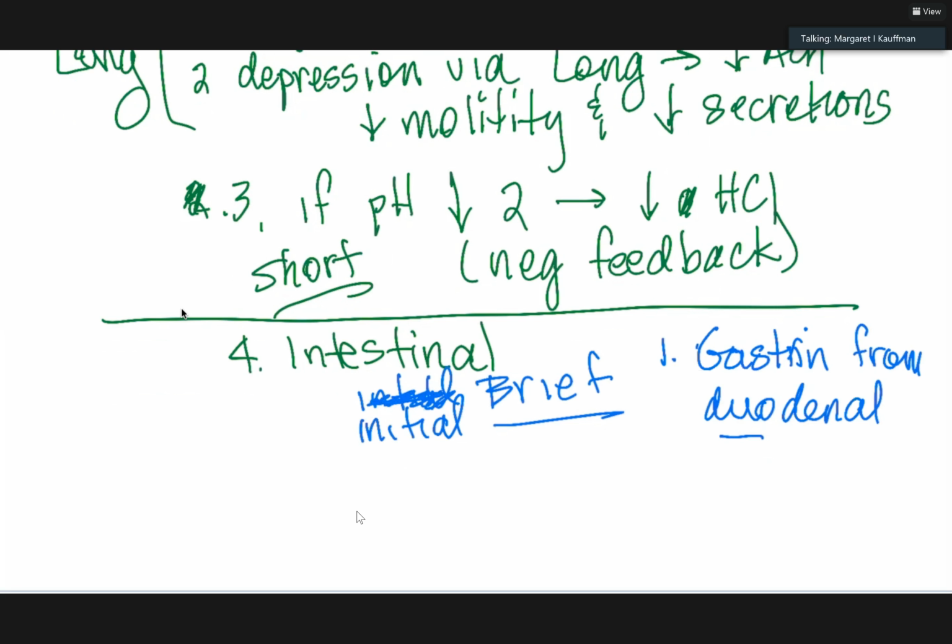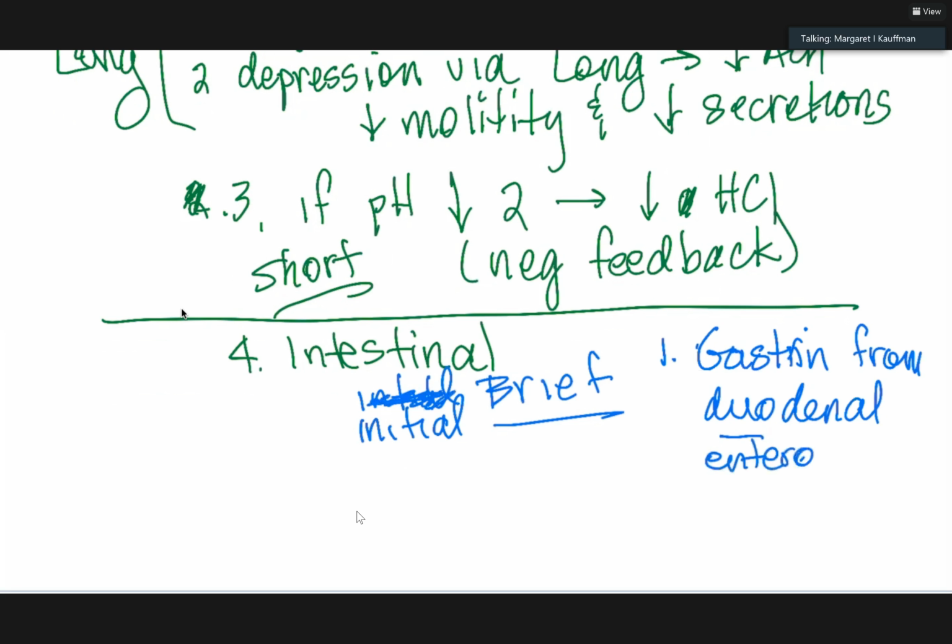But that initial, say you haven't eaten, you didn't have breakfast this morning, whatever. When you first eat, there's not much in your intestine anymore. It's moved onward. So when that first chyme arrives, you're going to have chemoreceptors that we'll talk about, including pH-sensitive ones, that will cause a brief release from intestinal enteroendocrine cells.